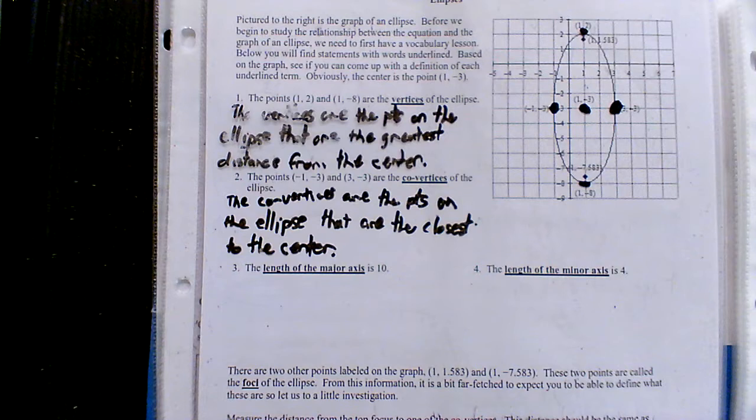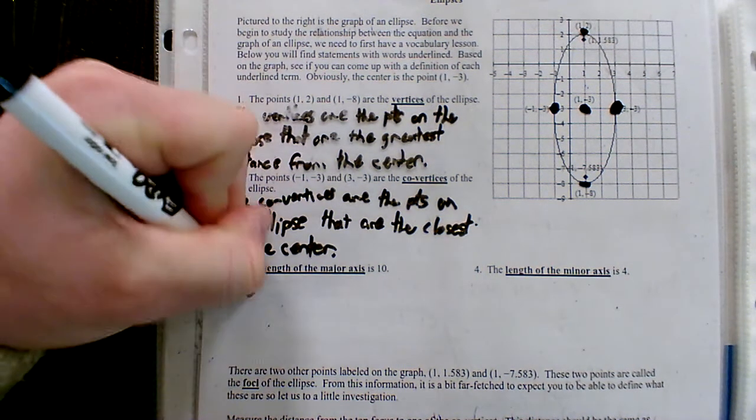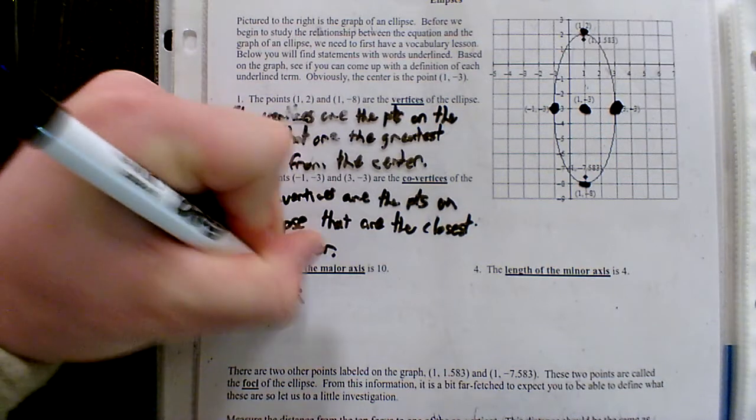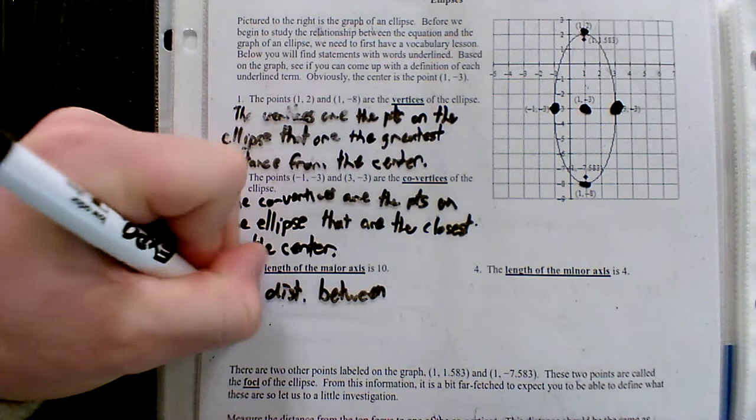Alright, so once you get that down, we have two that are similar to each other, 3 and 4. Number 3, the length of the major axis is 10. So how do you think we can describe that, Rebecca? Yeah, the distance between the vertices, exactly. The distance between the vertices.